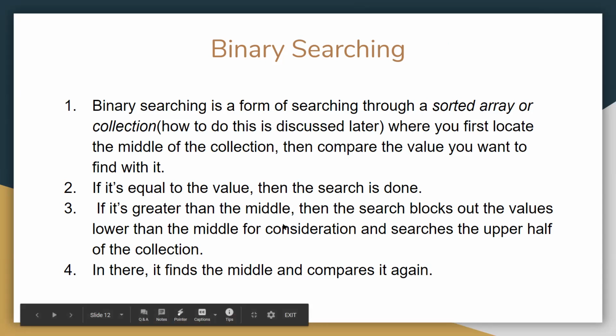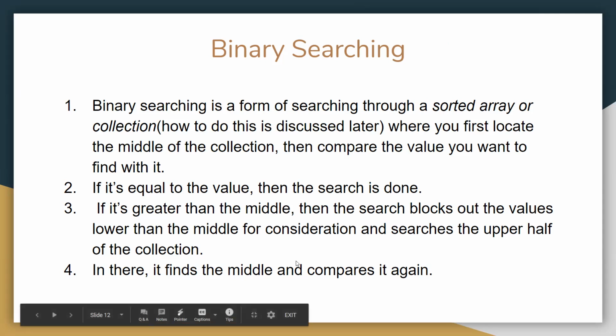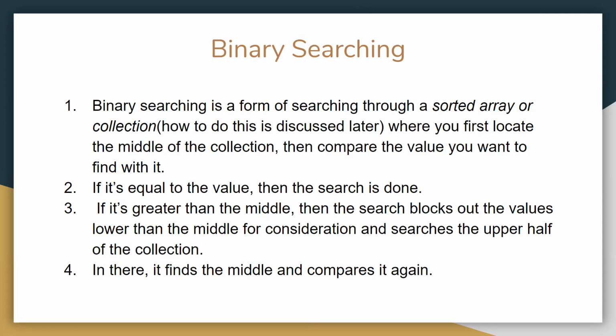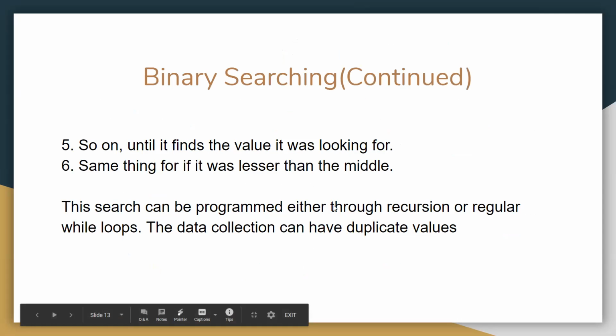So if it's greater than the middle, then the search blocks out the values lower than the middle and searches only the upper half of the collection. There it finds the middle of that specific part again, so the middle of the upper half of the array, and compares it to the value again. And so on.